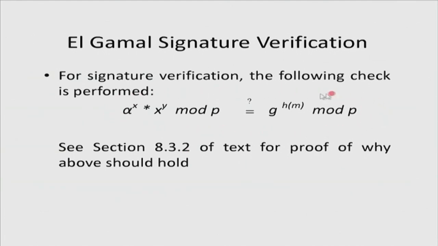So what does he have to do? I want to make sure that this is really the signature of A on this document M. The document is M, the message is M. The receiver or the verifier must compute h of m, raise g to the power of h of m, and see whether this thing mod p is the same as the two components of the signature, pull them out, x raised to the power of y multiplied by her public key alpha, which is typically contained in a certificate, to the power of x, reduced modulo p.